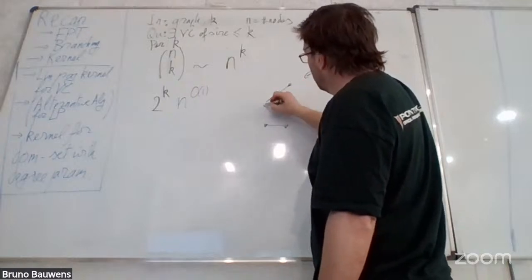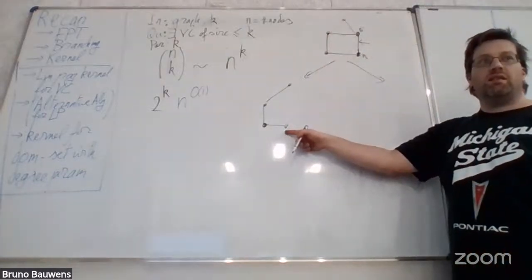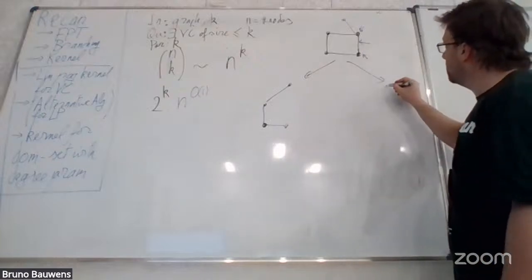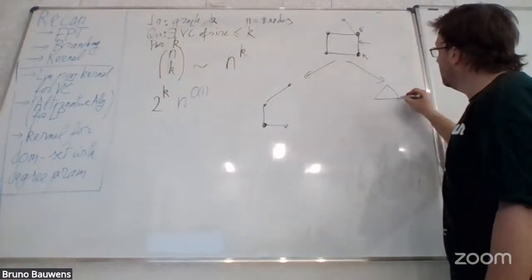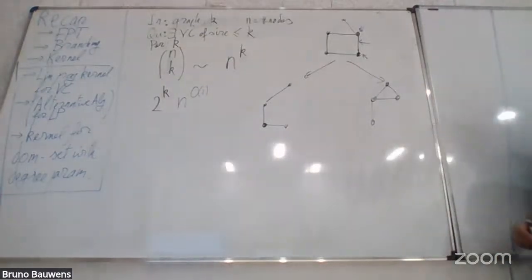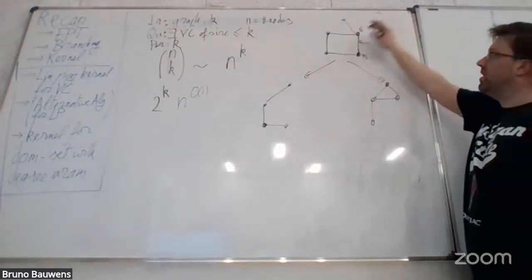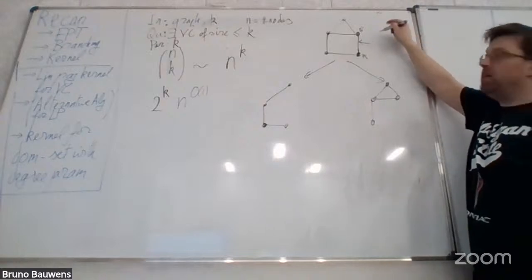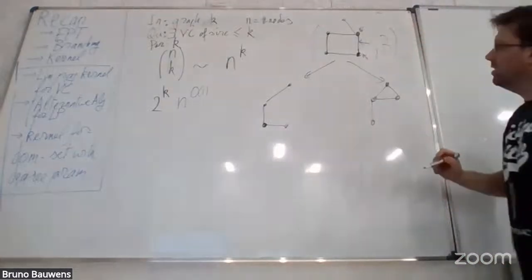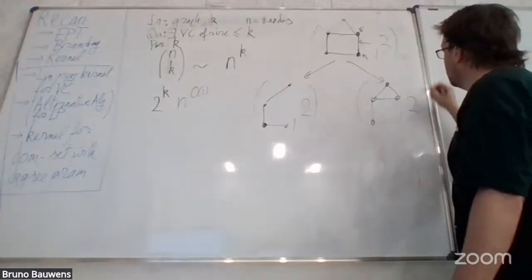Otherwise, we remove this node, and what we have left is this graph. Here, for example, we want to know if this has a vertex cover of size 3. So the input is the graph and number 3. Here will be this graph and number 2. And here we will also have number 2.